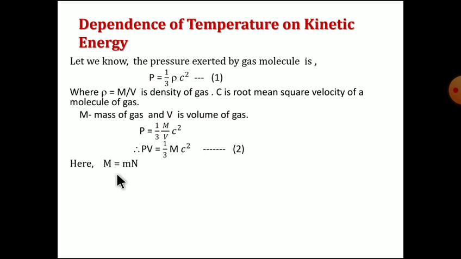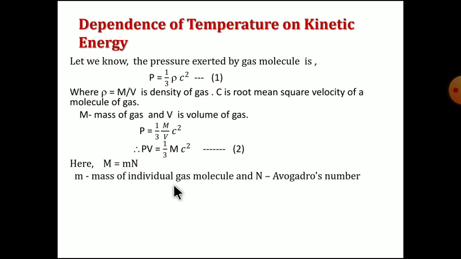As the mass of gas is equal to small m into capital N, where small m is the mass of the individual gas molecule and N is the number of molecules in 1 mole of gas, that we call Avogadro's number.